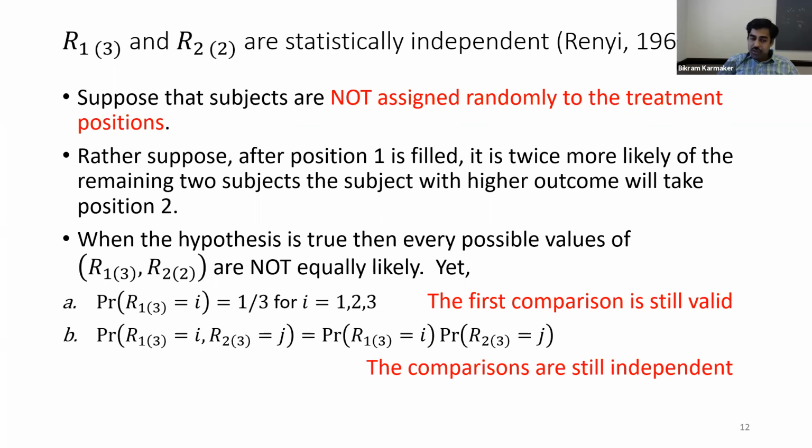We can also show that if you look at the joint distribution, it's still the product of the two marginals. So the independence remains. What is not true is that R2(3) is no longer a valid rank test statistic according to the previous distribution.